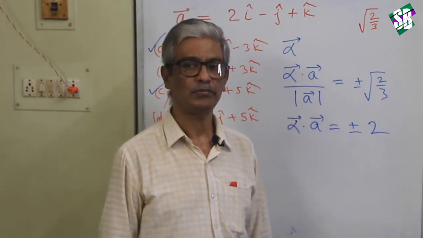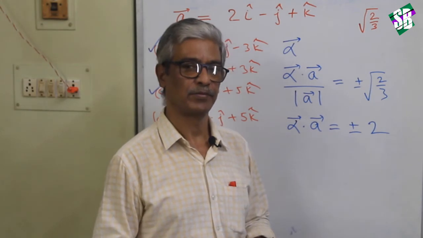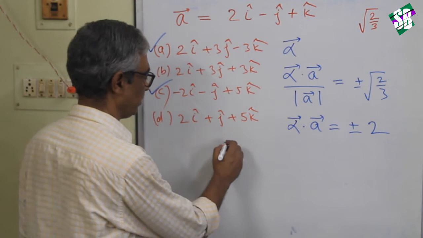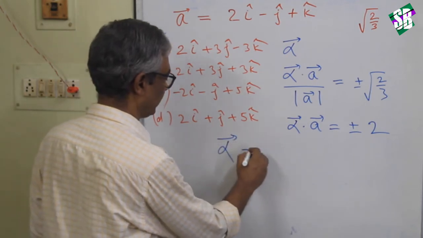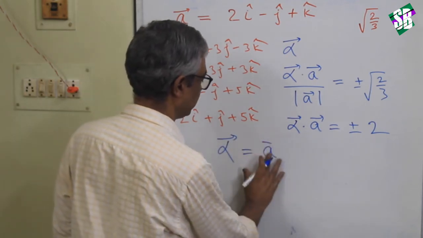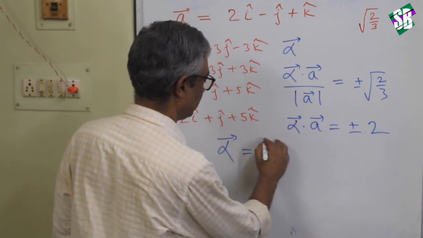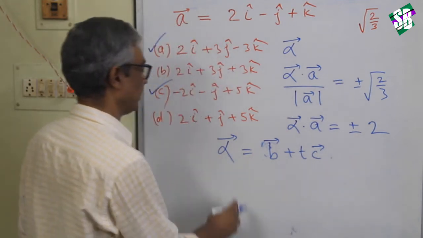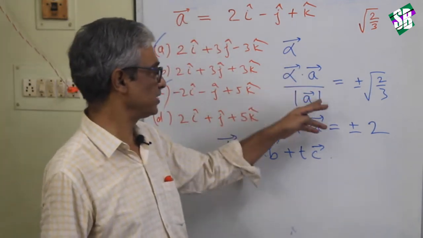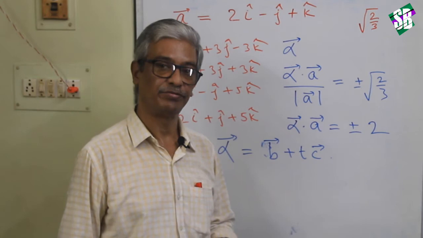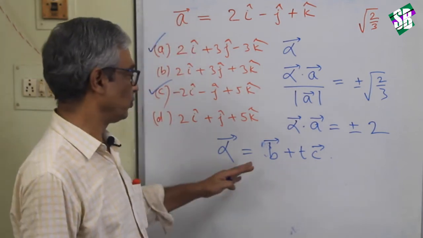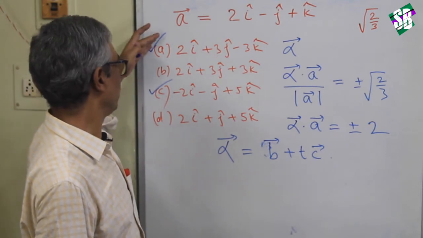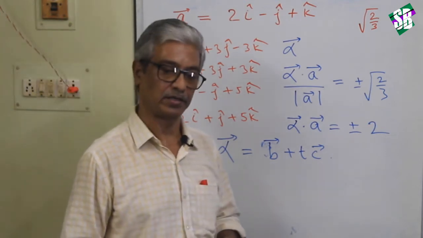Now one more thing, I have found that in many books, alpha vector has been taken as B vector plus t C vector, and then they have found the value of t. And then putting the value of t, they have obtained that options A and C are correct.